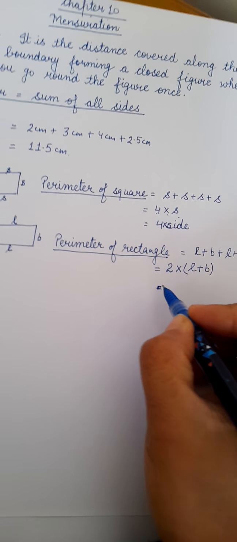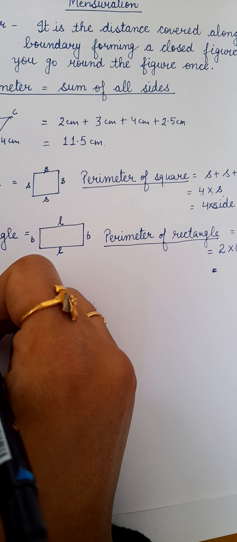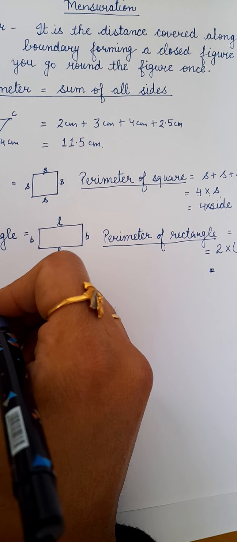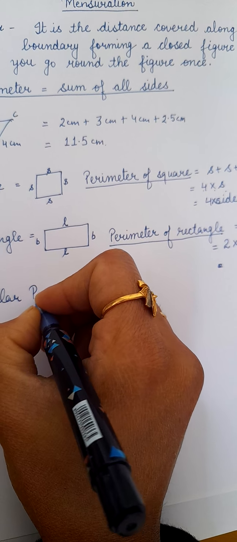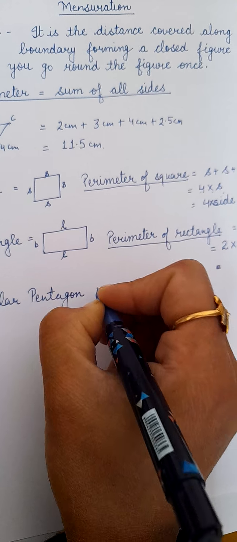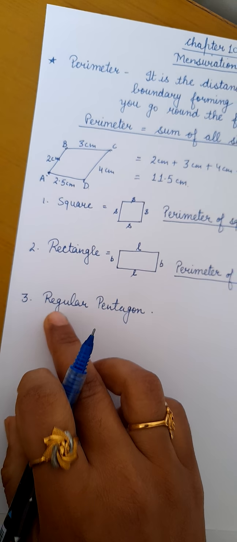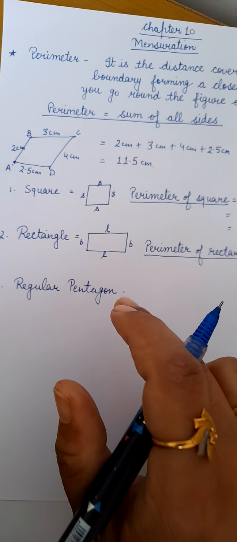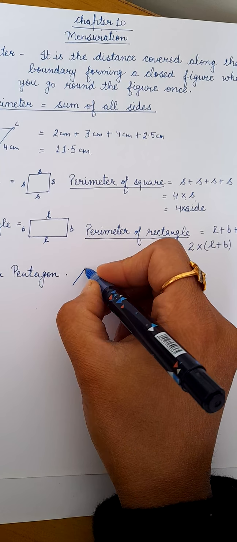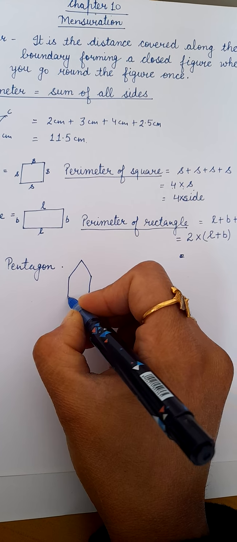Third is any regular shape. Suppose it is a regular pentagon. Now firstly you should understand what a regular pentagon is. Regular means all its angles and sides are equal. A pentagon is made up of 5 sides.